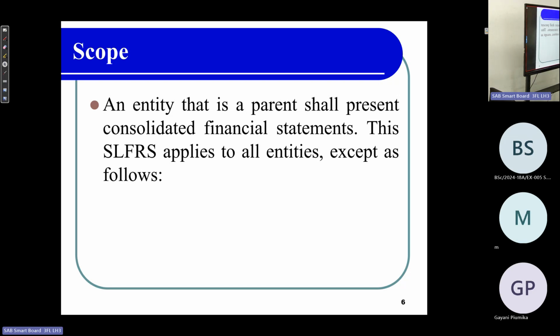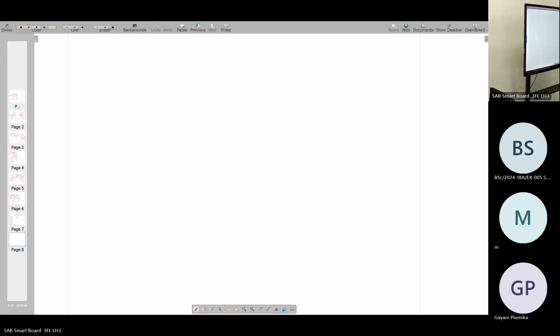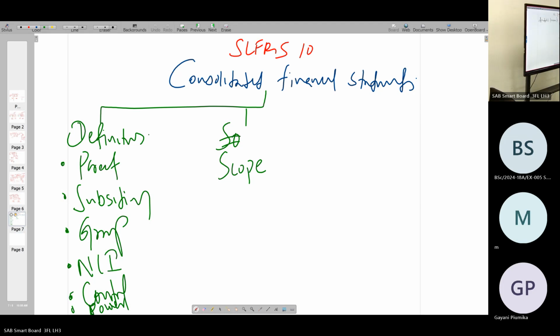Very important. Whatever. Sarat acquired Ranjani, 100% of equity.